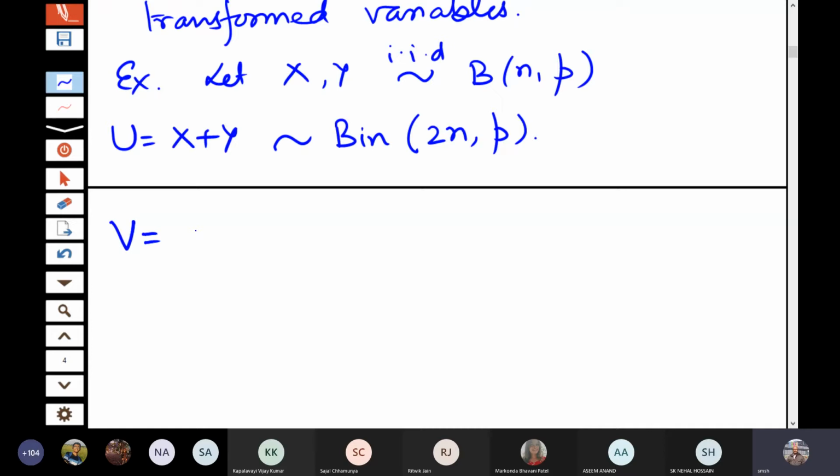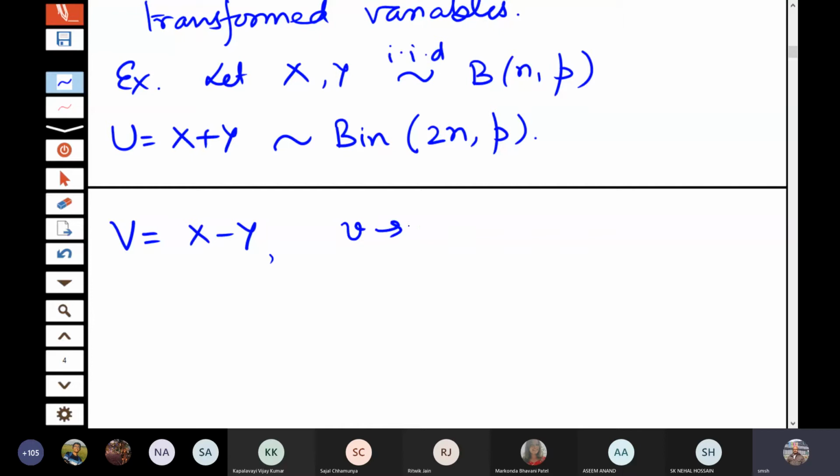Suppose I define v as x minus y. In place of addition, I am looking at the difference, and I want the distribution of v. First of all, what is the range of values of x minus y? Each of x and y takes values 0, 1 to n. So if I look at the differences, the maximum difference can be n minus 0, that is n, and the minimum difference can be 0 minus n, that is minus n.